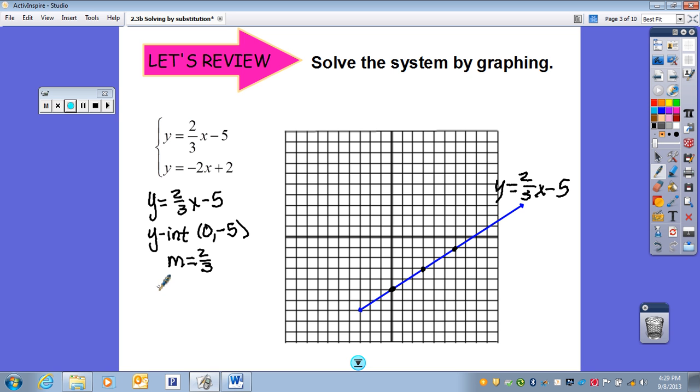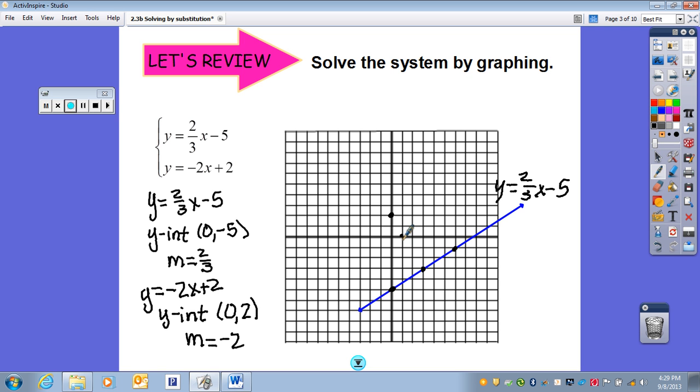Now we'll graph our other line so that we can find our point of intersection. y equals -2x plus 2. Our y-intercept is at the point (0, 2), and our slope is -2. So we'll put a point at (0, 2), and use our slope to find our remaining points.